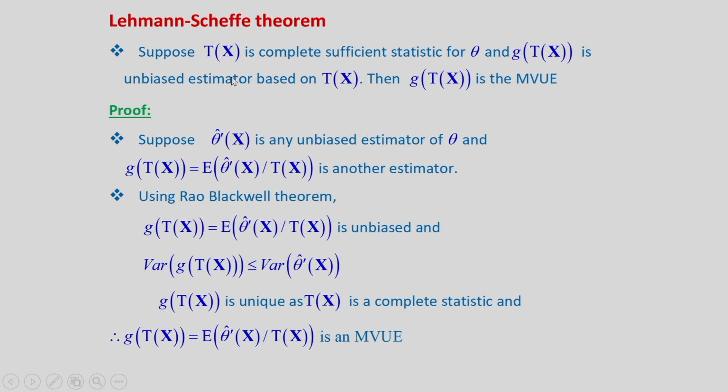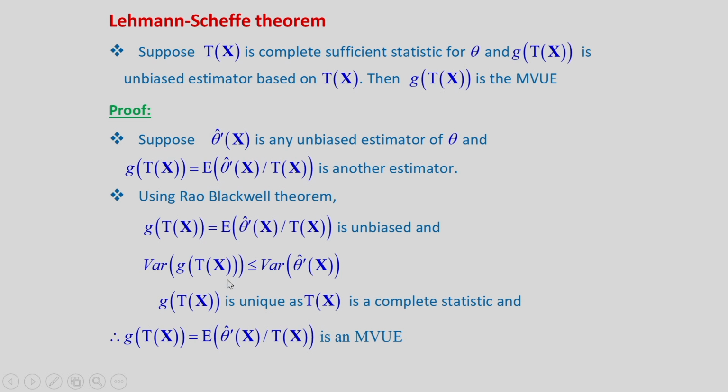But we know that T(x) is a complete statistic, therefore there is only one function g(T(x)) which is unbiased.